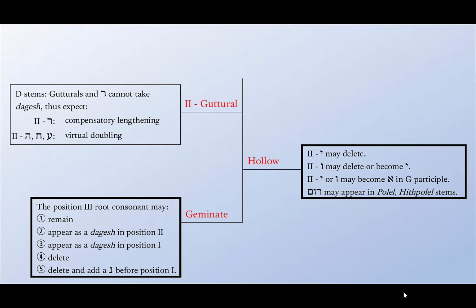So we should expect with a two resh root compensatory lengthening, and that's what we see here with beit resh kaf in the pa'el, D perfect third masculine singular form, where the expected vowel under the beit would be a patach. But when the pa'el D form was attempting to place a dagesh, if you want to think of it this way, in the resh, that triggered compensatory lengthening.